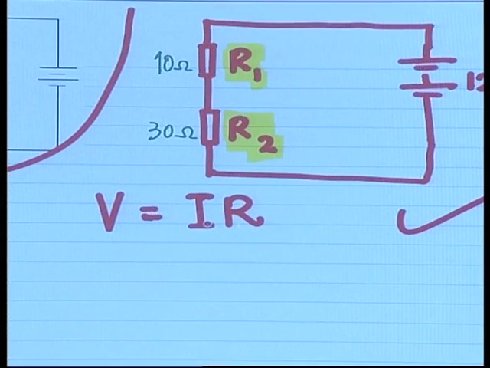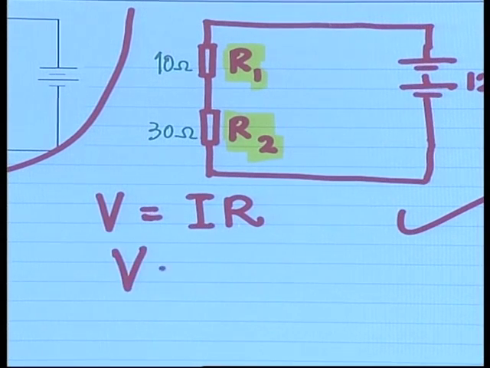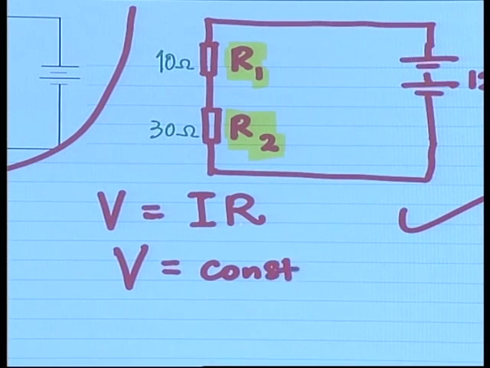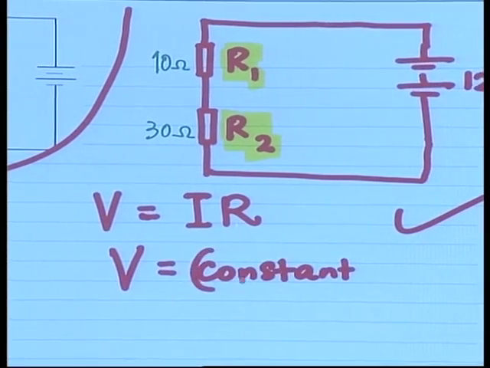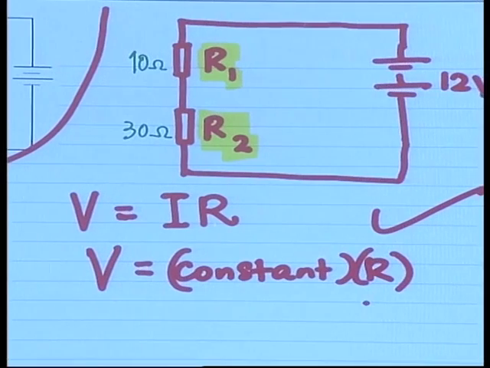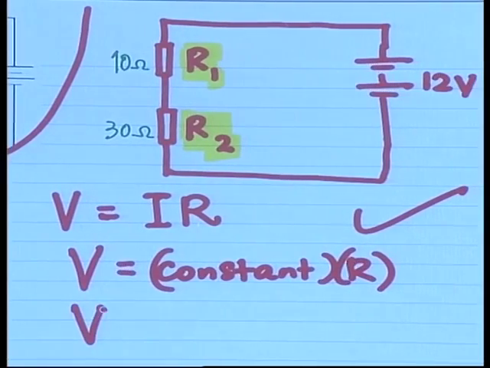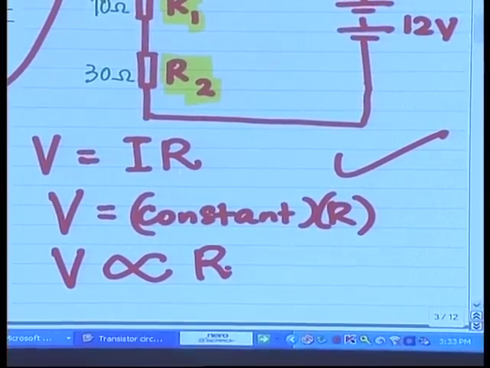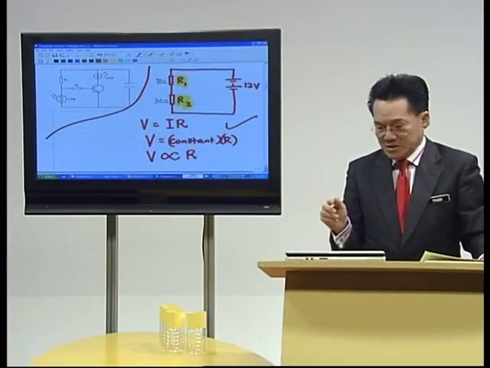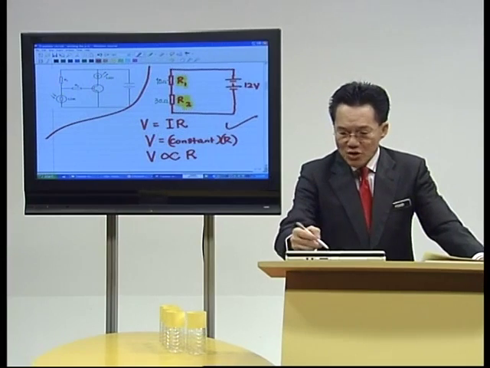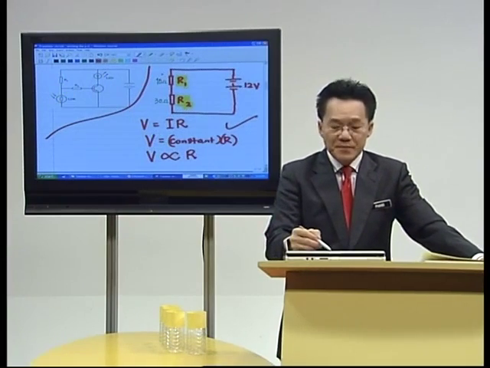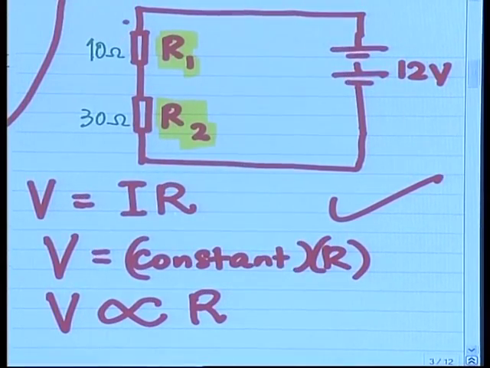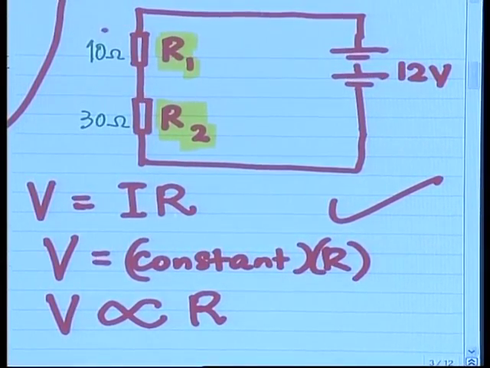So since I is constant, we have V equals a constant multiplied by R. In other words, V is directly proportional to R. This is very, very important. In other words, look at 10 ohms here again. The bigger the resistance, the bigger will be the potential difference across it.